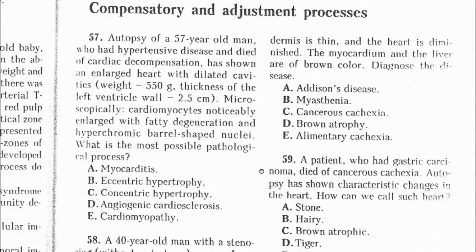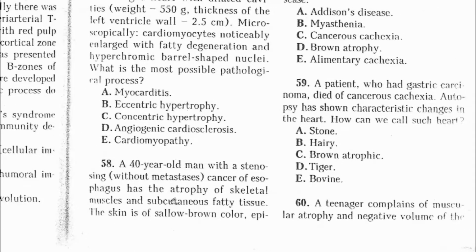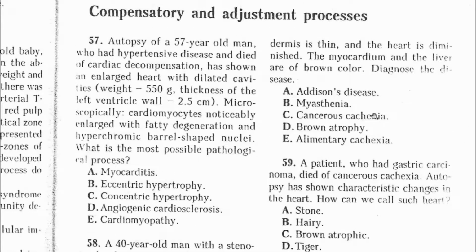The epidermis is thin and the heart is diminished. The myocardium and the liver are of brown color. Diagnose the disease. Don't forget there's no cancer here because it's been cleared, without metastasis. In cancer, most of the time, there's metastasis.